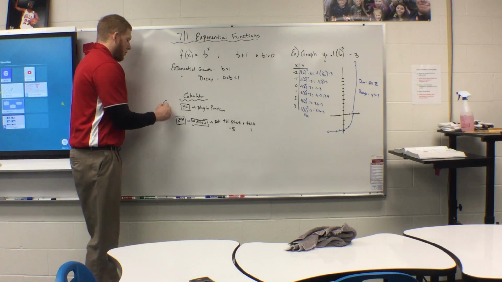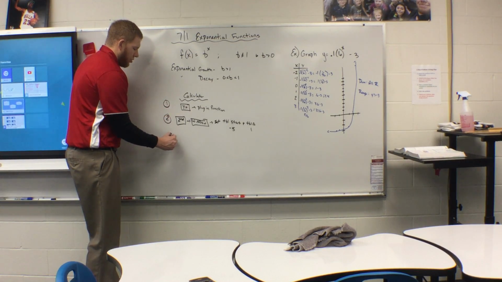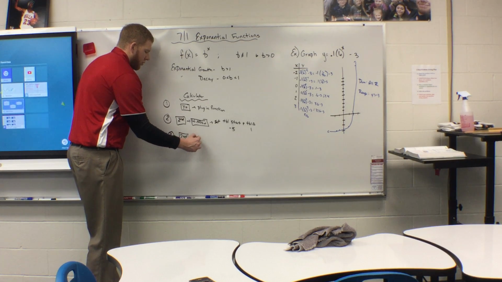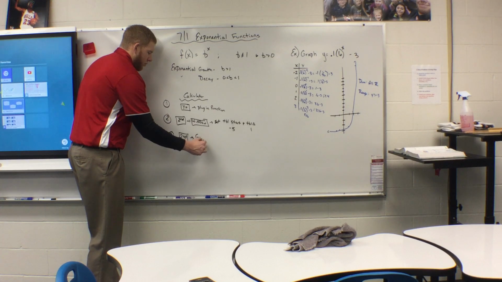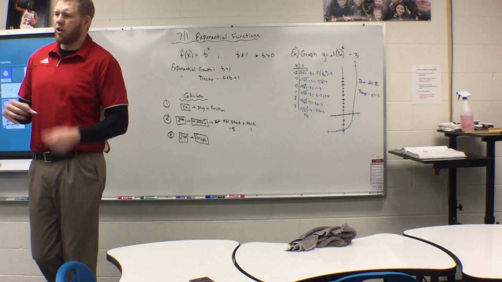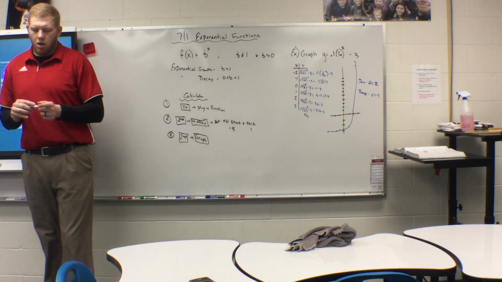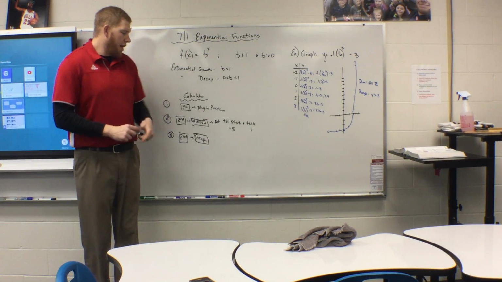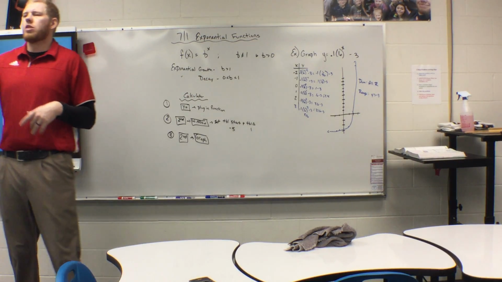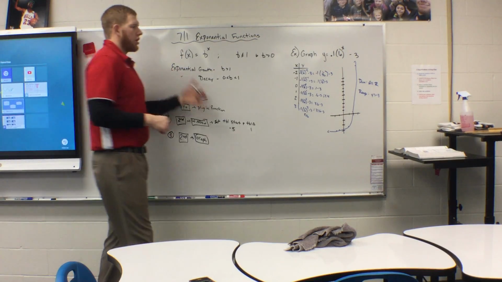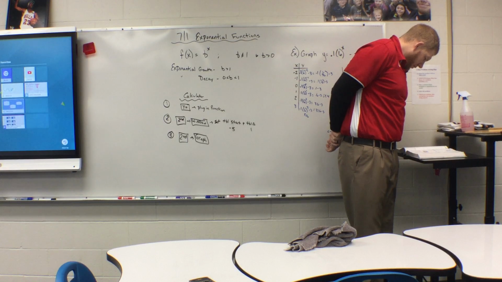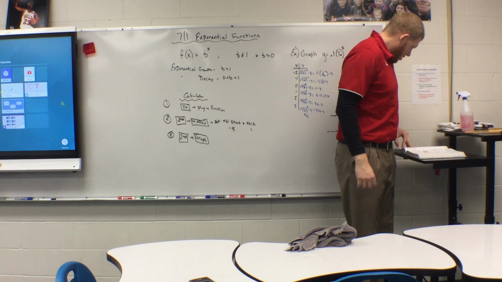And then to see your table, you go second graph, and that should show you your table where you can arrow up, arrow down, to see what those numbers are. And if you want the graph, remember you can change your window, then you can look at the graph, and you can see where it's at, going up, down, what's going to be our domain, what's going to be our range, etc., etc.